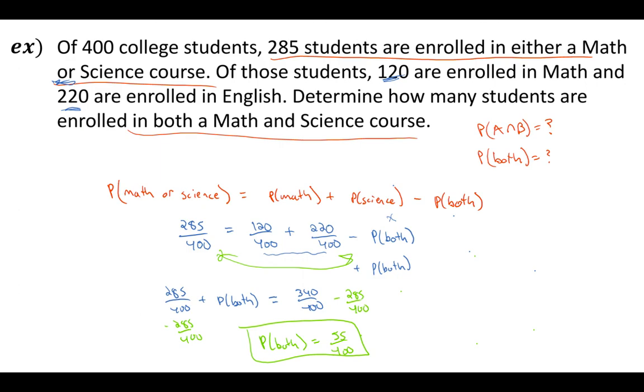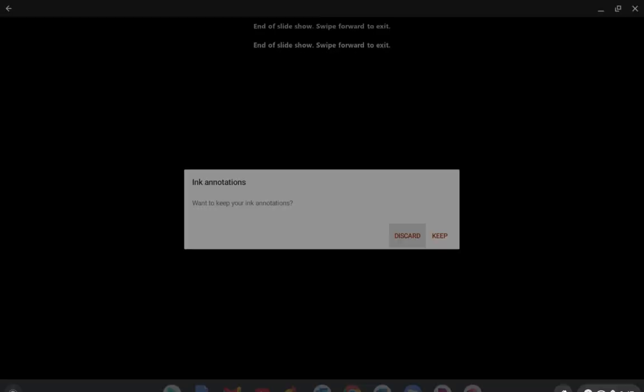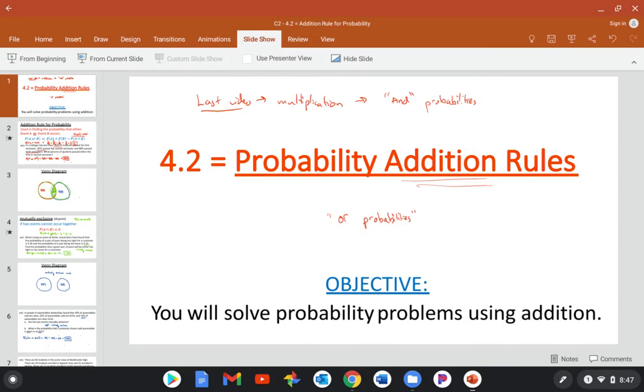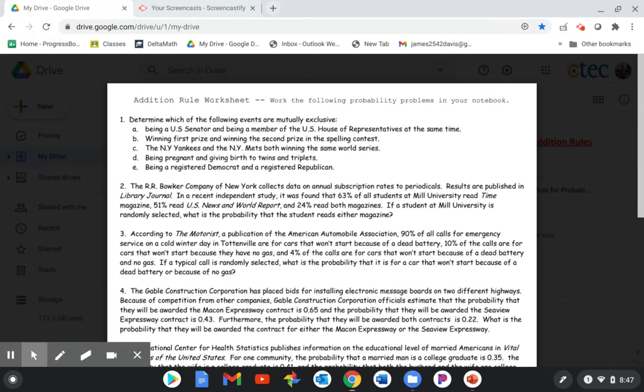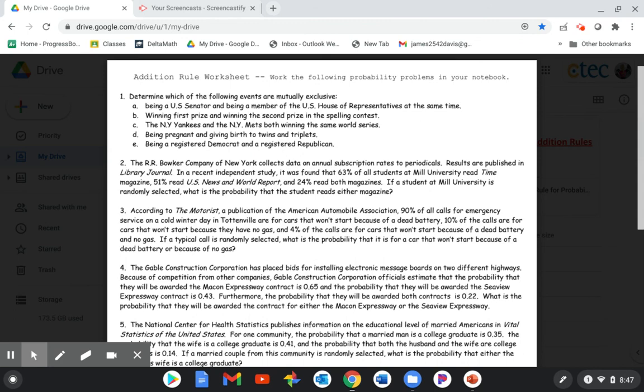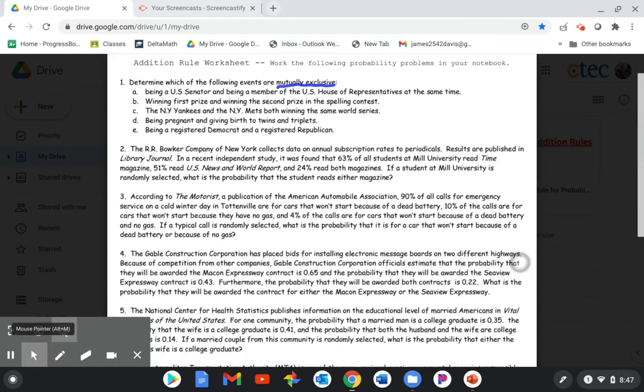So I'm just going to briefly go over that assignment really quick for you here. In the first section of this assignment, you're going to be asked to tell whether these are mutually exclusive or not. So that's just going to be yes, mutually exclusive, or no, not mutually exclusive. Most of them are yes, mutually exclusive, so I'll let you figure those out.